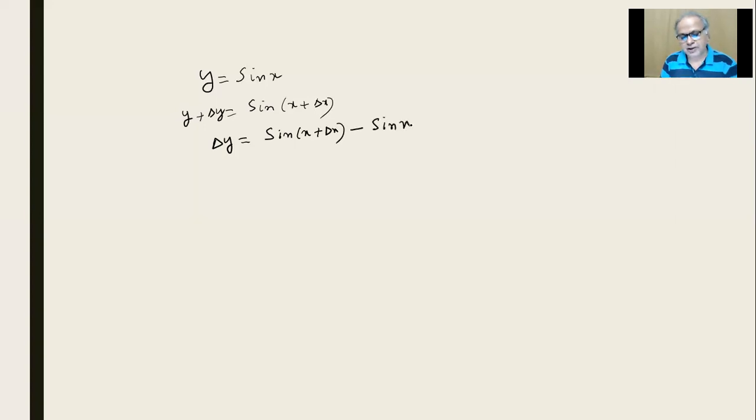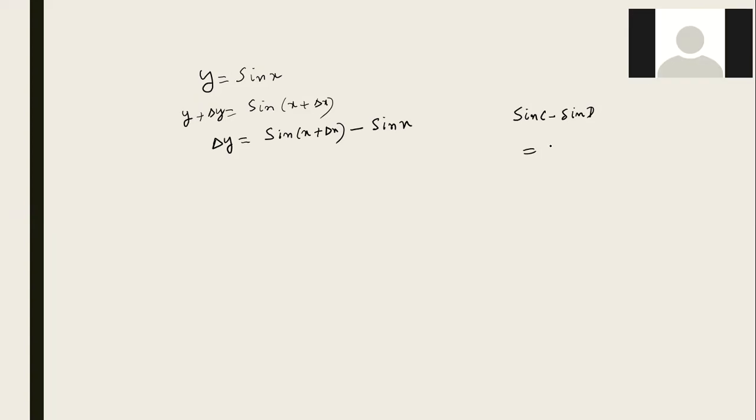Now, can you recollect some formula in trigonometry? Yes, sir. The formula I've given, just go back. That's the reason I tell you to keep writing. Now you should be able to look back and tell me: the sine C minus sine D formula is there in your notes.